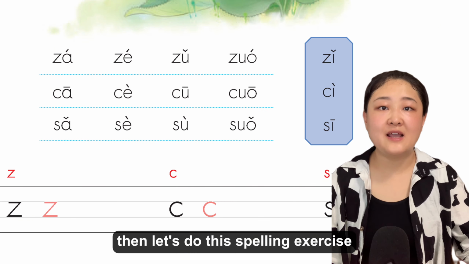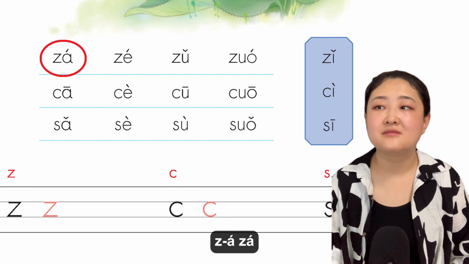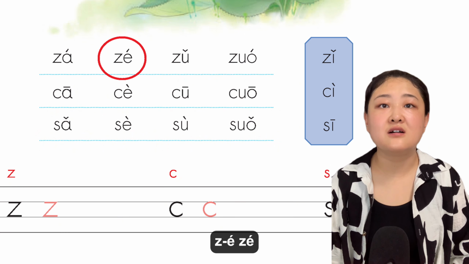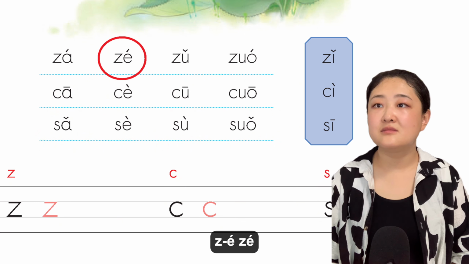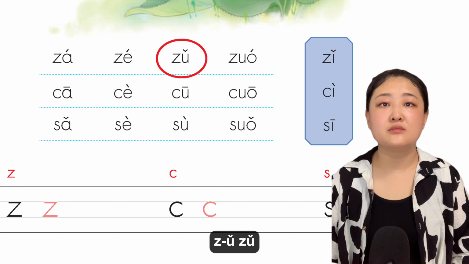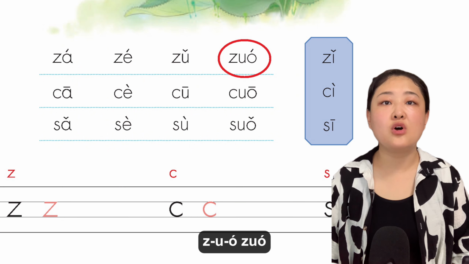Then let's do this spelling exercise. Z R 资, Z E 则, Z U 租, Z U O 左.